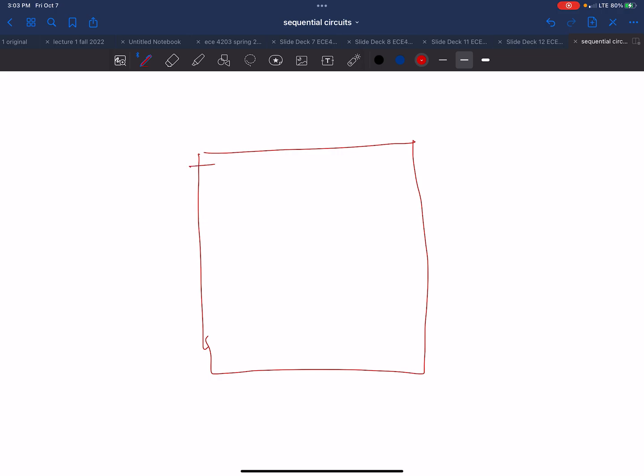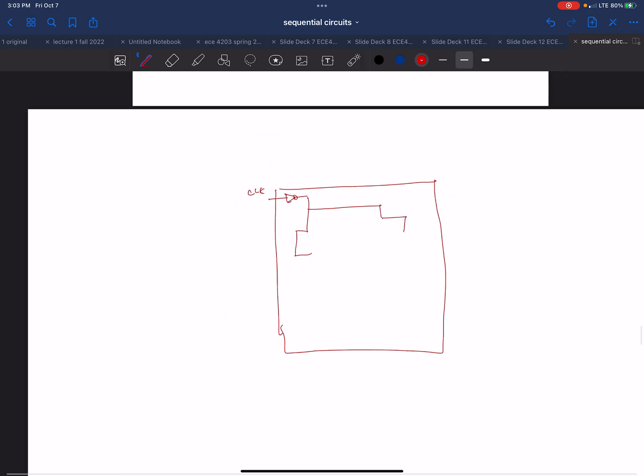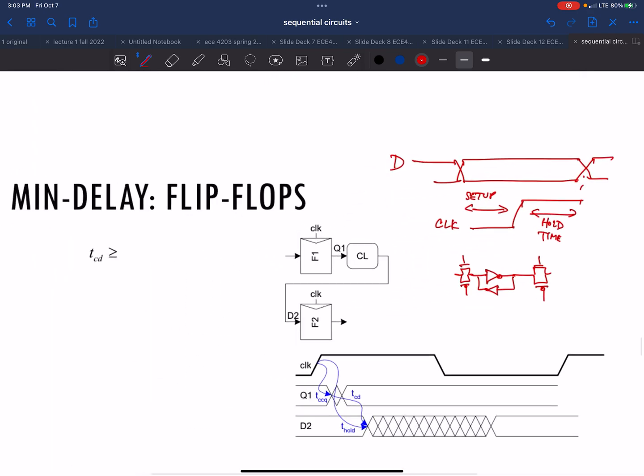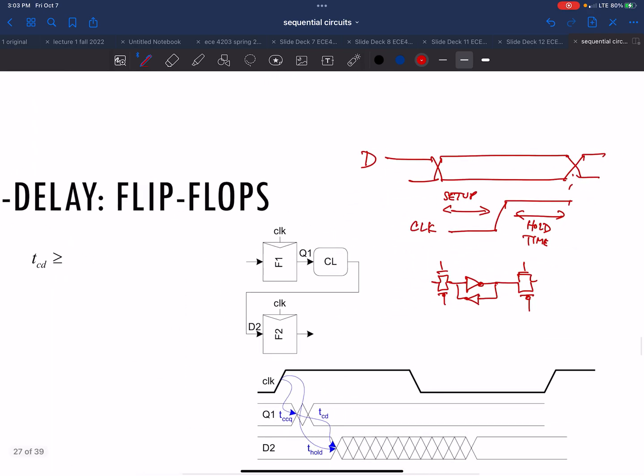Remember that your clock comes into your chip and gets distributed all over. So when I'm drawing a clock here and it's the same as this clock, that's only in an ideal circumstance, that this clock is the same as this clock.